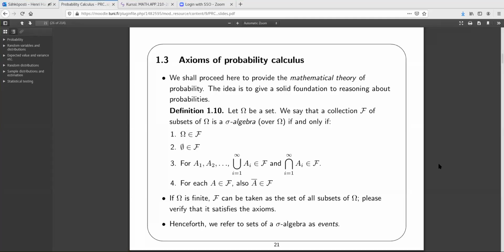All right, so this is the basic idea. Basically, we want to know the probability of something. So we want to assign probabilities to these elements of the sigma algebra, to events. Not necessarily to points or particular outcomes, because particular outcomes are not necessarily something we can even observe.